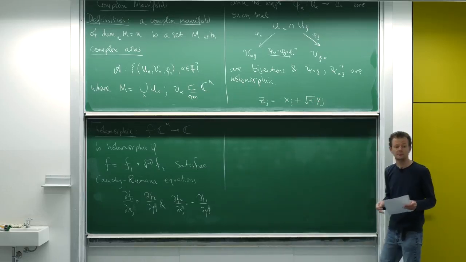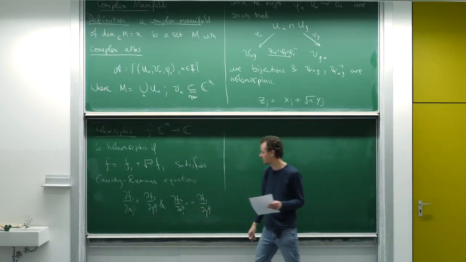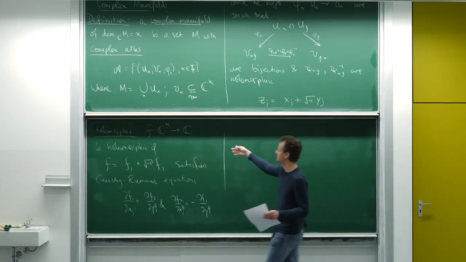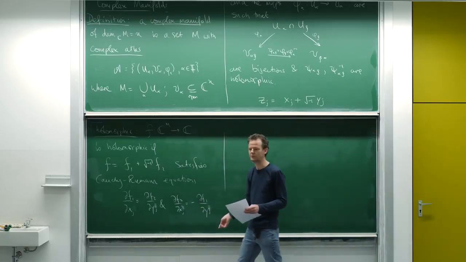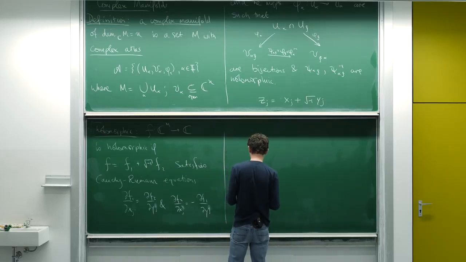So a map from many complex variables to 1 is holomorphic if it satisfies the Cauchy-Riemann equations. And when you have a map from one complex variable to 1, then you see indeed that that smoothly deforms to that notion of holomorphicity that you should be familiar with.